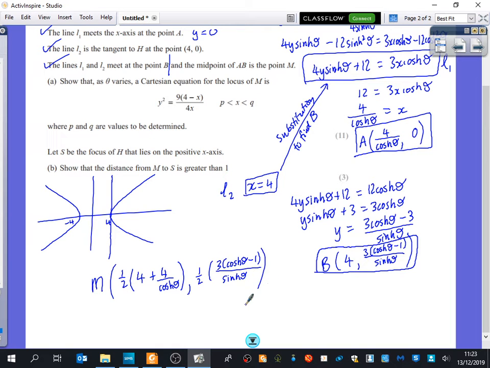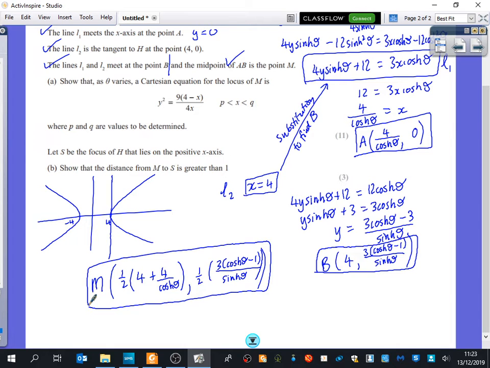So now you've got the midpoint. We're missing a bracket, half divided by 2. Thank you. Now we've got A, we've got B. I'm going to put a box around it because this is going to be useful. That's A, that's B, that's M. Now nothing else is important. The only thing that's important to me now is M, because you want the locus of M.